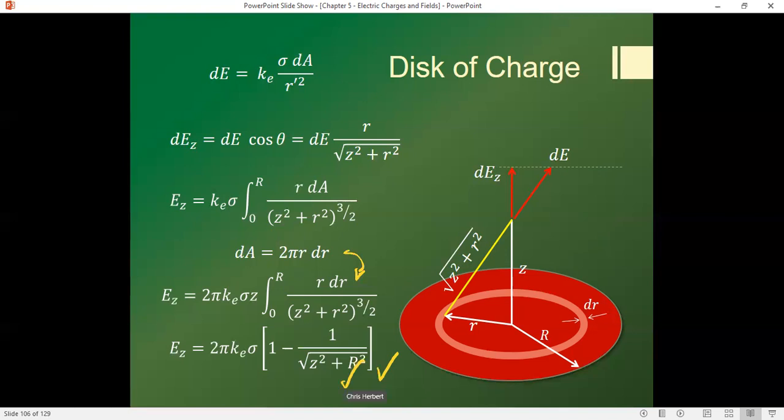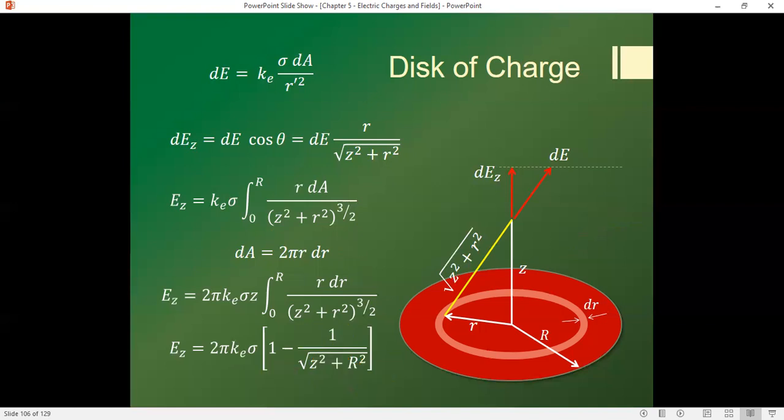What's interesting is, if we take the limit where big R goes to infinity, what happens to this whole expression? Well, that makes this go to infinity, and that makes this term go away. And our result is just this right here.